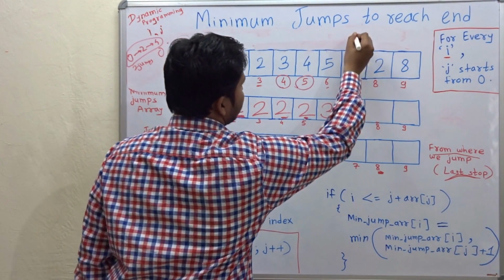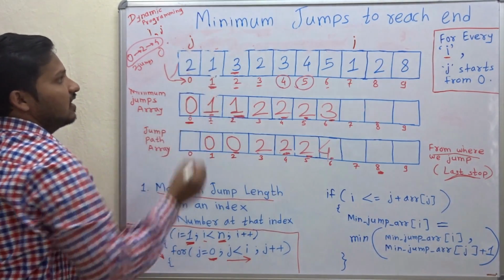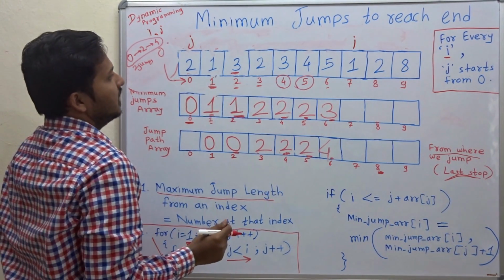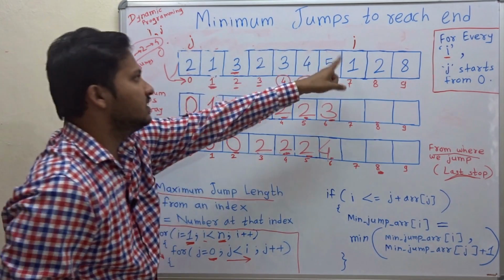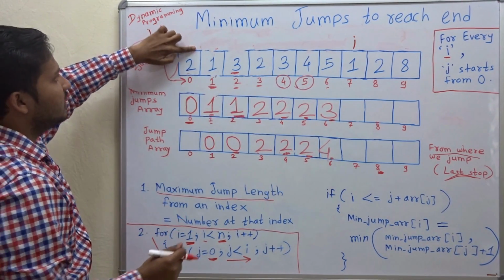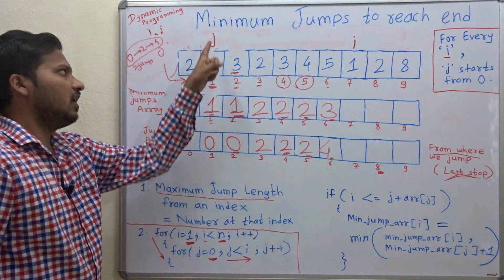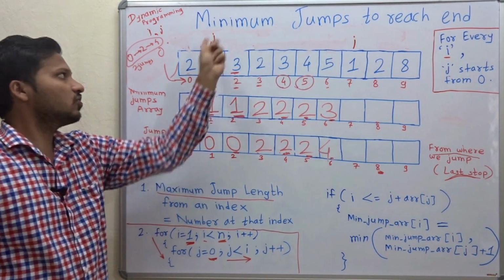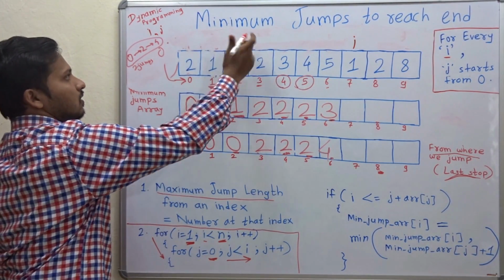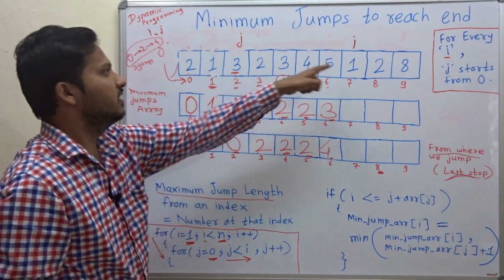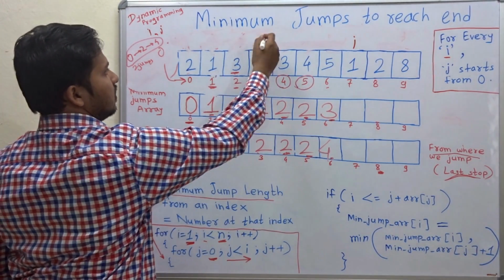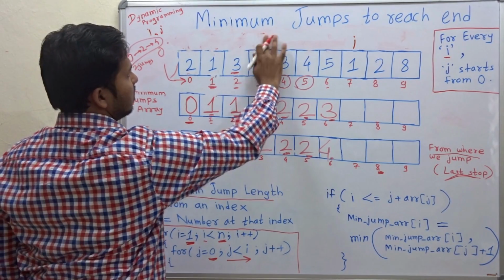So I is incremented, and j again starts from 0. Okay. So again I is not in range of j. So increment j. And again I is not in range of j. So increment j. See here, not in range. Not in range.